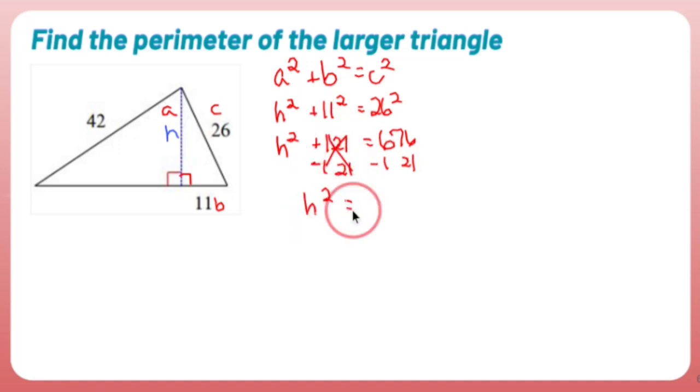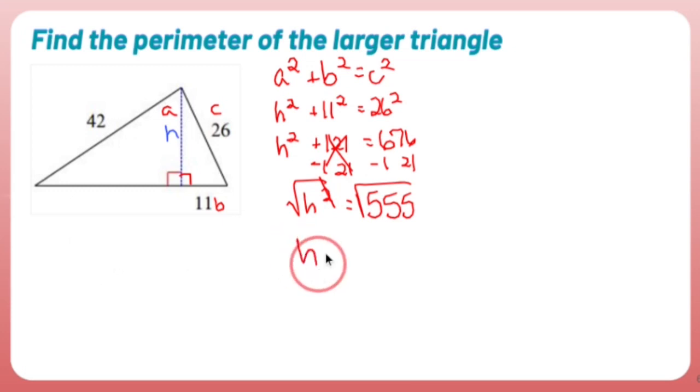H squared is going to equal 555. Square root both sides, and I have zero clue what the square root of 555 is, so I'm going to go off to the side and do that.